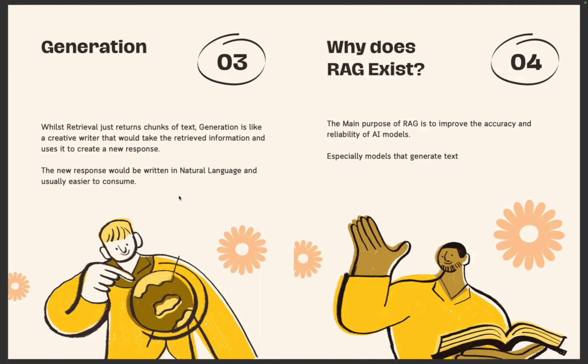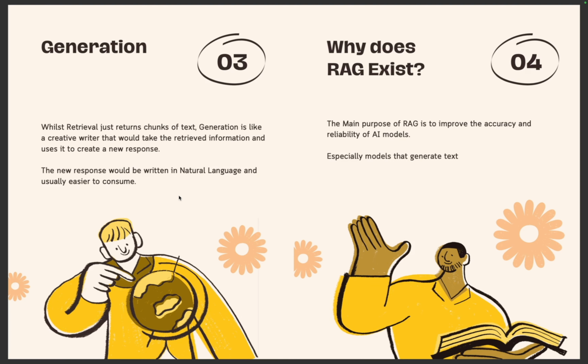So I've spoken about the retrieval. The generation bit is, whilst retrieval is bringing in all those chunks of text, this generation is the creative that will turn that into information that will be easy for you to consume and apply to whatever you want to use it for.